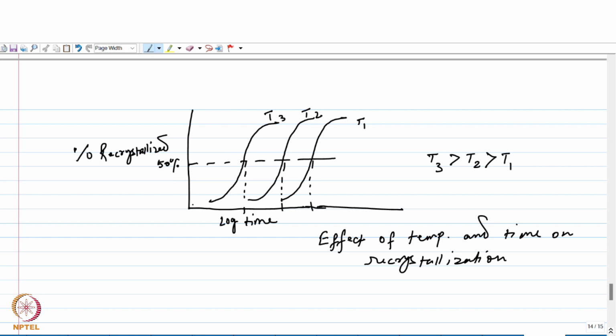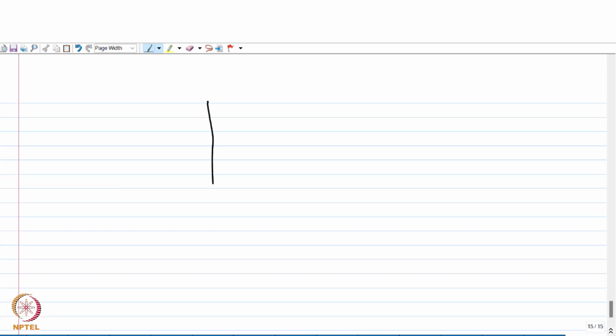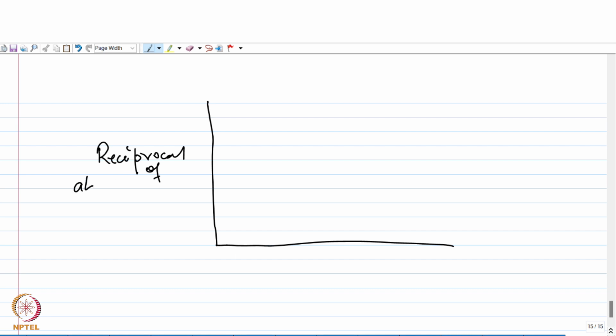Okay, so if we call that time interval tau and plot it against the reciprocal of the temperature, we will get a plot like this, where the y-axis is the reciprocal of the absolute temperature, and the x-axis is the time for half recrystallization.